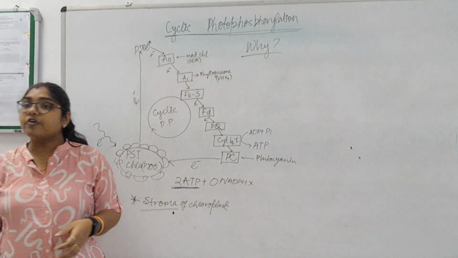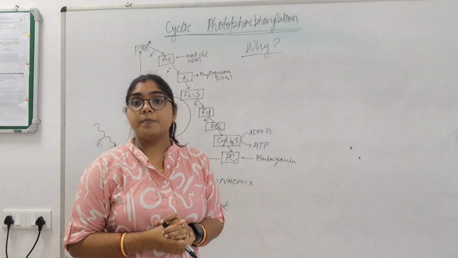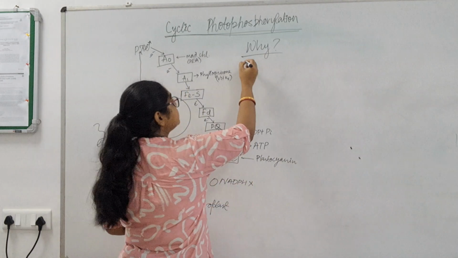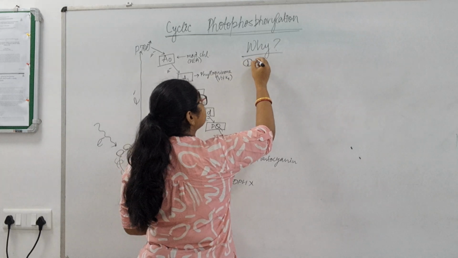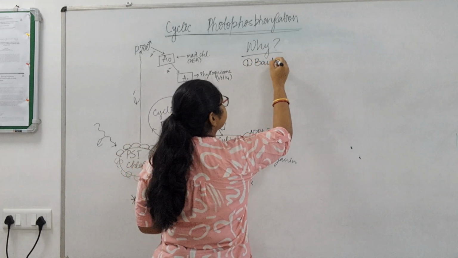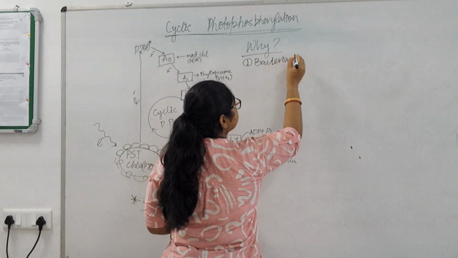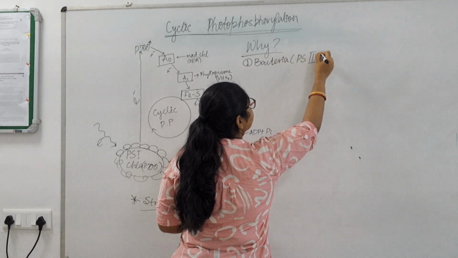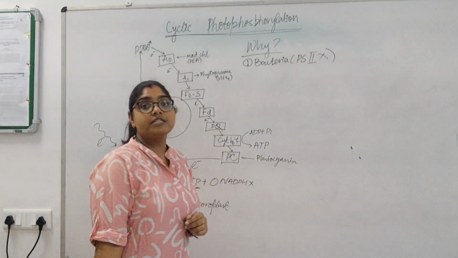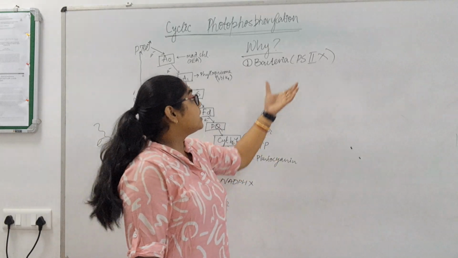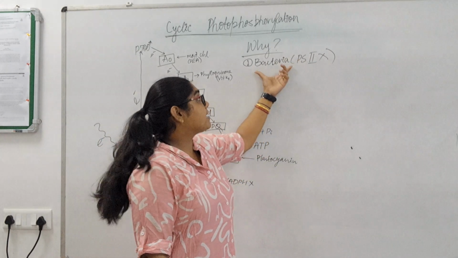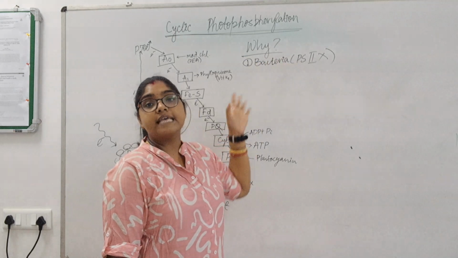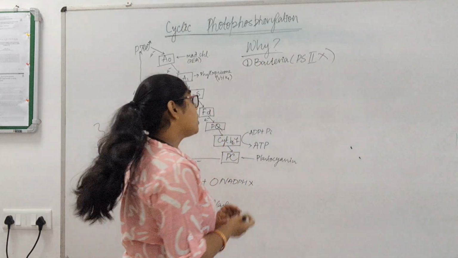So this cyclic photophosphorylation is predominantly found in bacterial cells. First point, it is predominant in photosynthetic bacteria, because photosystem 2 is absent in photosynthetic bacteria. So there is no photosystem 2 in bacteria, only photosystem 1 is present, and that's why they follow cyclic photophosphorylation.